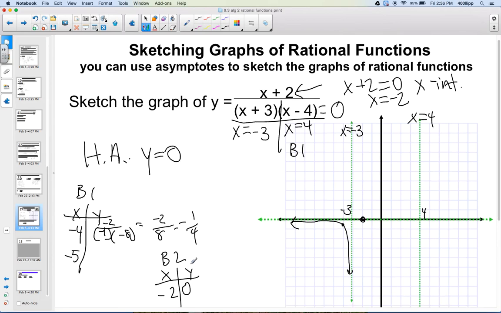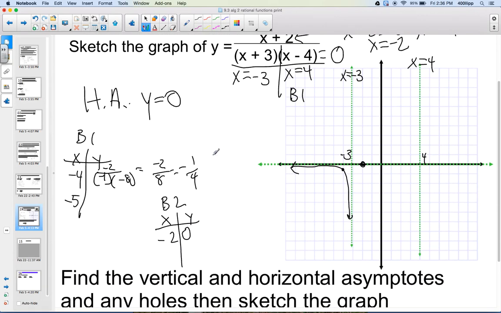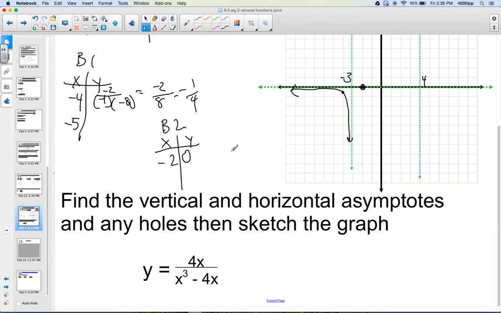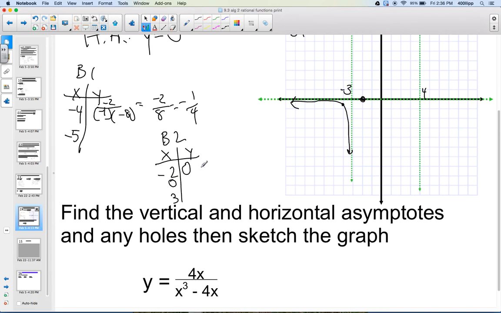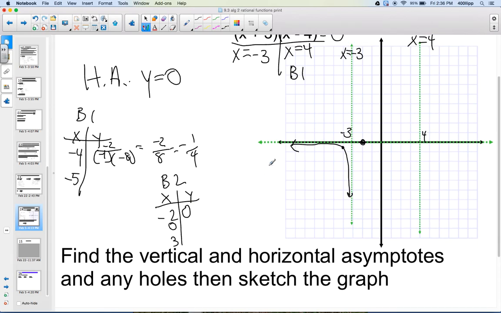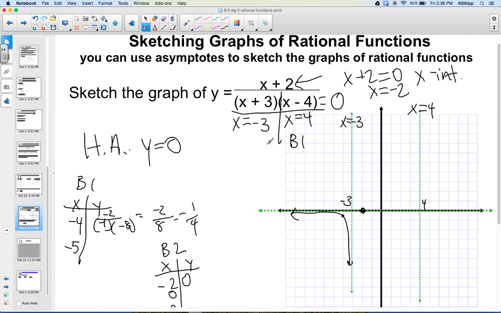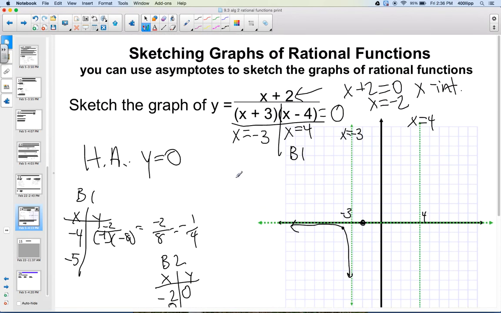So when we graph that, we'll plug in points. We already have that -2 gives 0. We can plug in 0 and we can plug in 3. When I plug 0 into my equation, I get 0 plus 2 is 2, over 3 times -4 is -12, so we get -1/6.